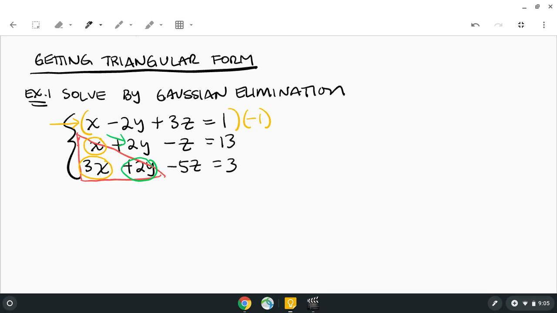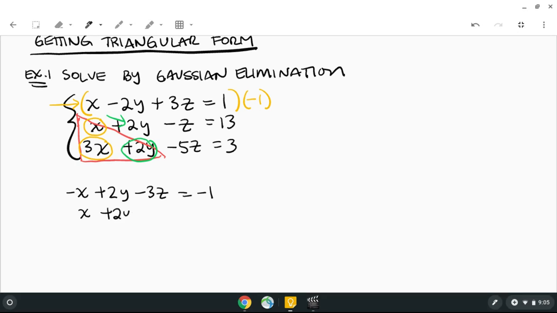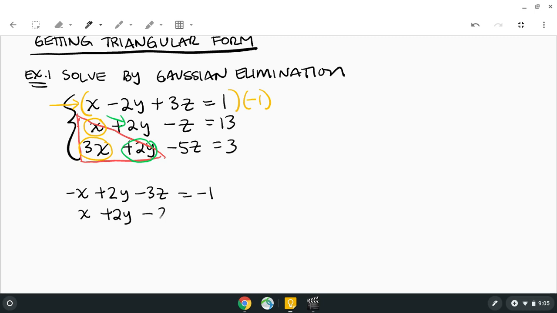I'm going to show my work down here. That's going to be -x, and a +2y, and a -3z, and a -1. And I have x plus 2y minus z equals 13.